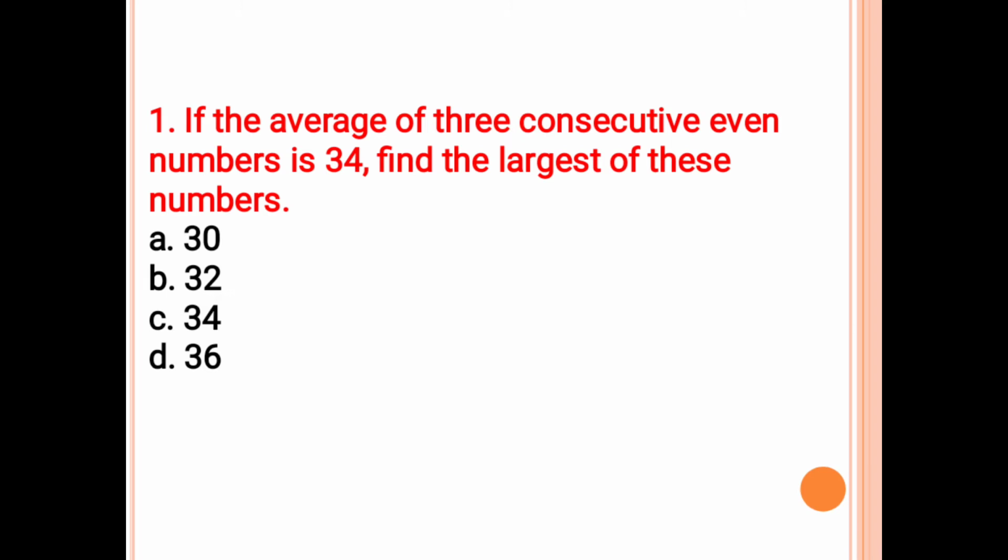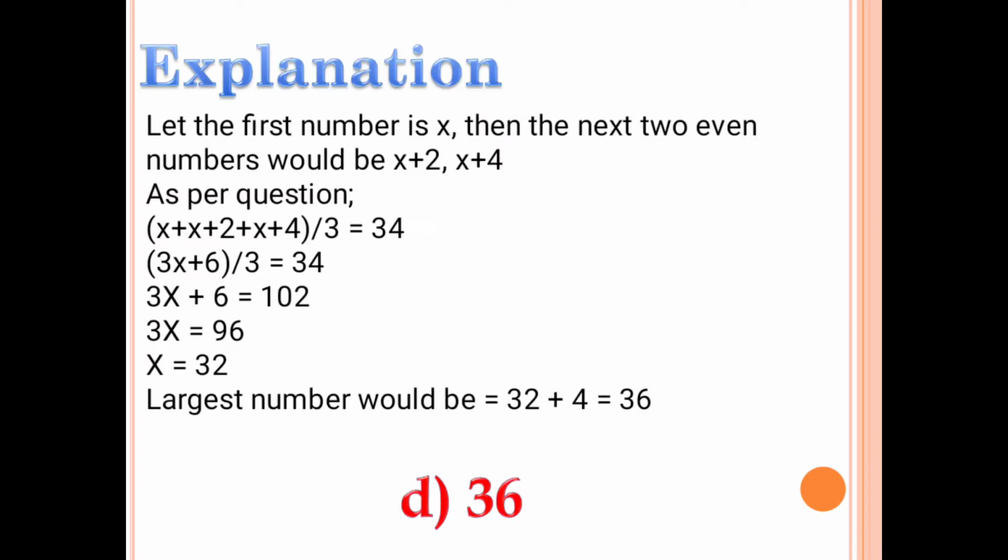Now we can discuss the direct method. Let the first even number be x. Then the next two even numbers would be x plus 2 and x plus 4.